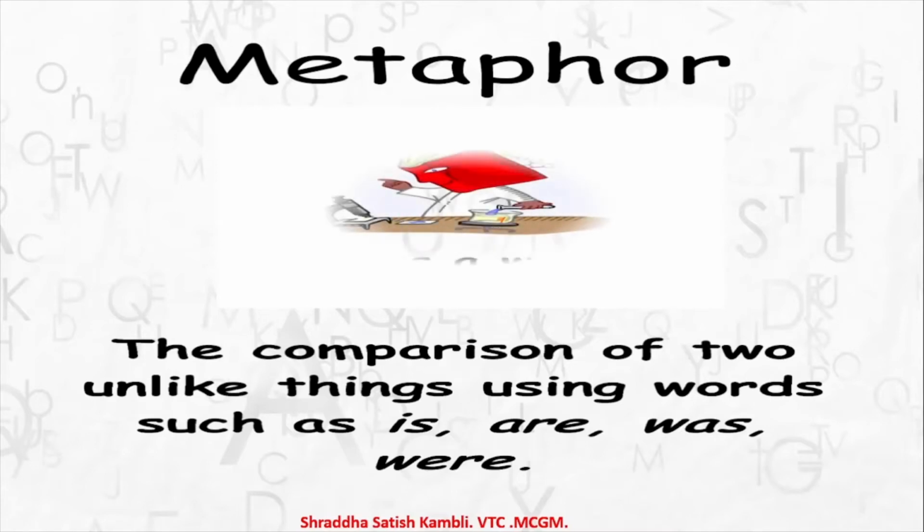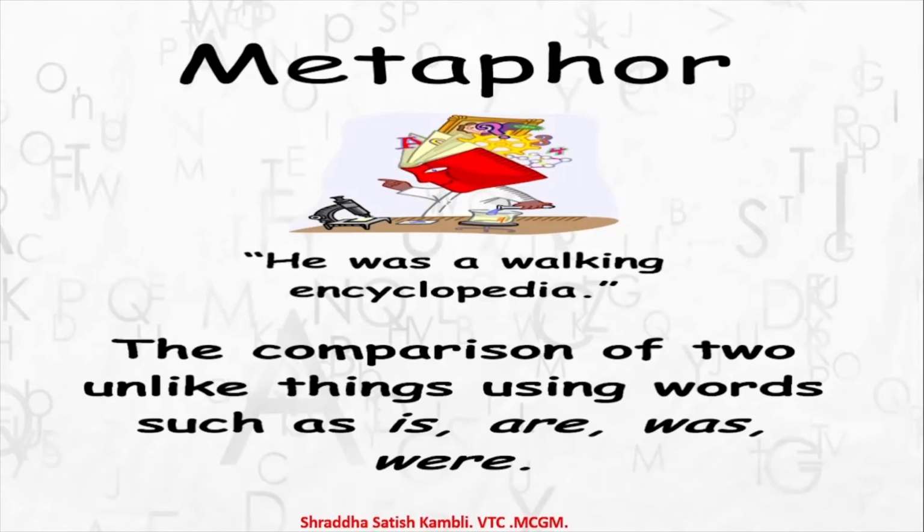Let's take a look at this example. He was a walking encyclopedia. So what is an encyclopedia? An encyclopedia is a kind of dictionary where there are lots of pictures and there are descriptions also of many things. So he was a walking encyclopedia means what? Just like an encyclopedia has information about everything which is there in this world, in the same way, he also had information about many things in this world.